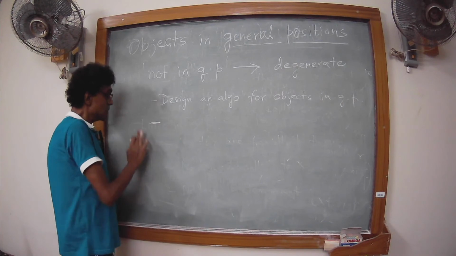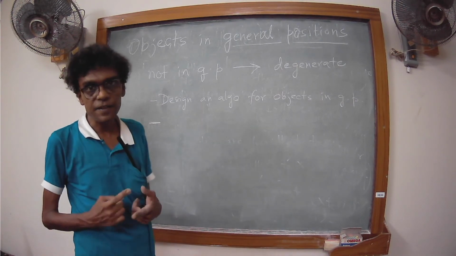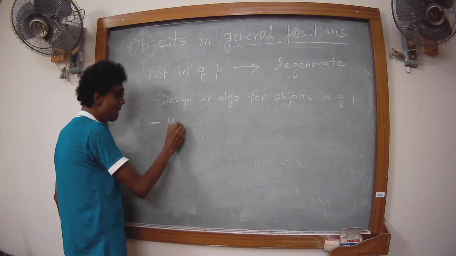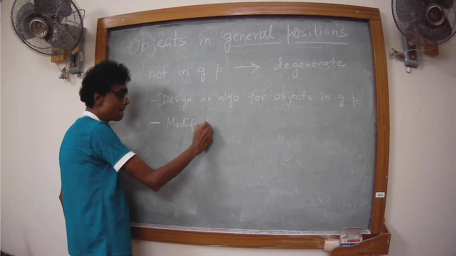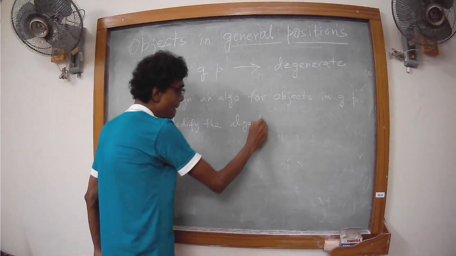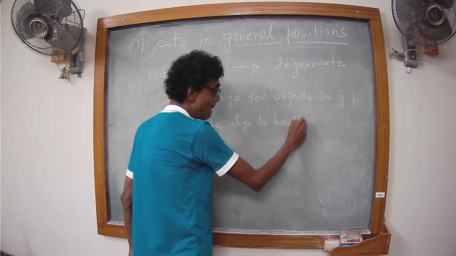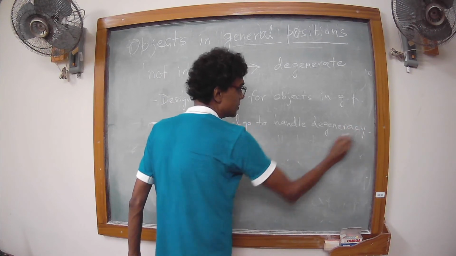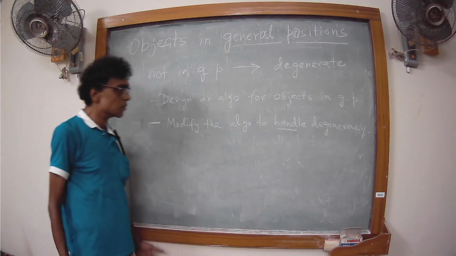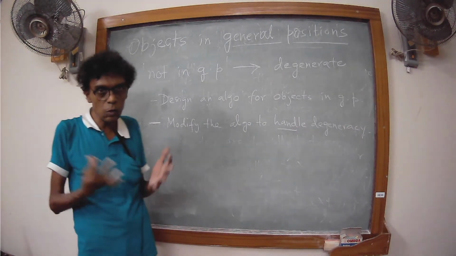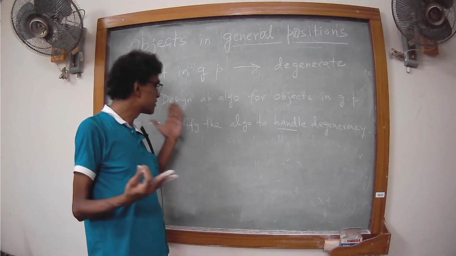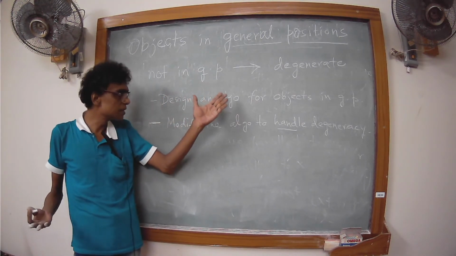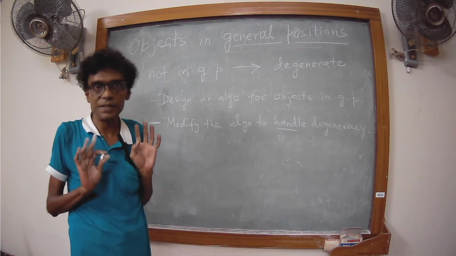And then if you know that your real life instances will have degeneracy, you just modify your algorithm to handle degeneracy. So instead of bothering too much about degeneracy in the first step itself, we assume points or lines or objects are in general position and first have some algorithm ready.